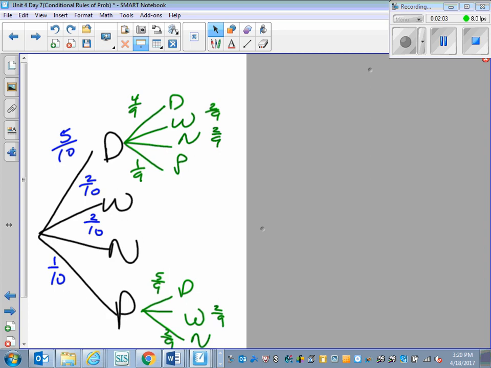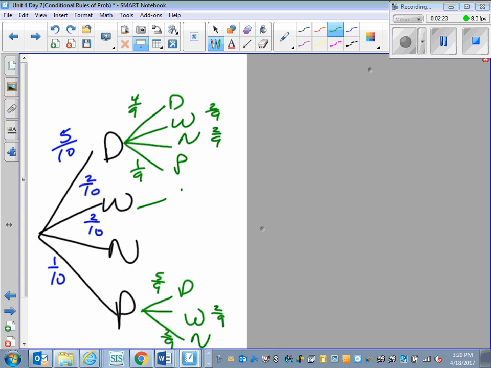So if it's without replacing, the second time we draw, there's only going to be a total of 9. So the probability of Dallas, if Dallas is first, is 4 out of 9. Washington, we still have the 2, so 2 out of 9. New York 2 out of 9, Philadelphia 1 out of 9. If Washington is drawn first, then the probability of Dallas is now 5 out of 9.